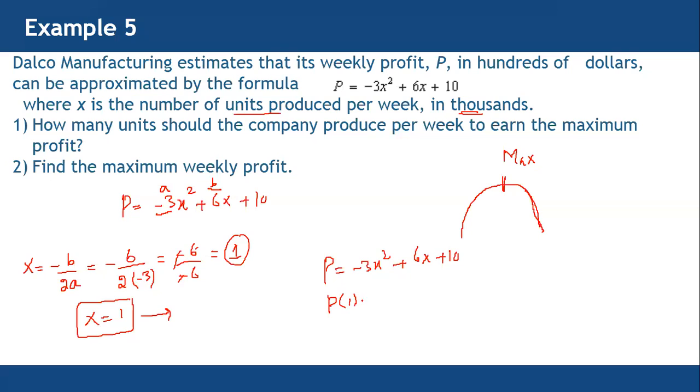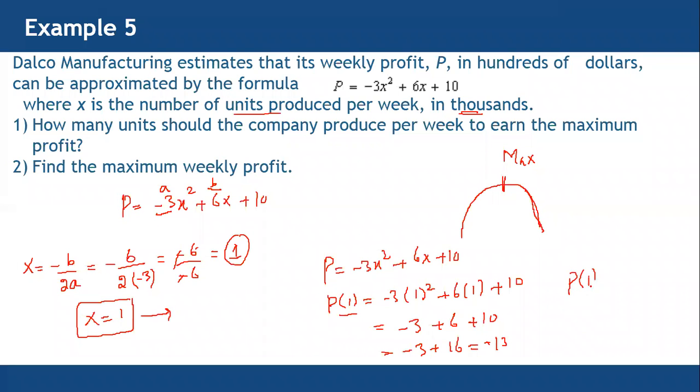P of 1 means the profit from 1000 units, since x is in thousands. Minus 3 into 1 square plus 6 into 1 plus 10. 1 square is 1, multiplied with minus 3 gives minus 3. 6 multiplied with 1 is 6, plus 10, so minus 3 plus 16 equals 13.